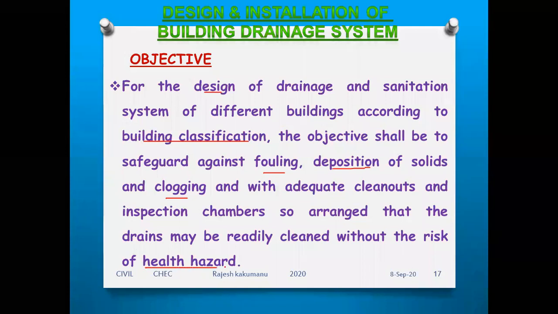So the main objective is not to create any health hazard. The process should be done very cleanly, without any fouling and bad smells, deposition of solid waste, or clogging and blocking of pipes. So we have to reduce all these things and increase human hygiene. That is the main objective of the building drainage system.